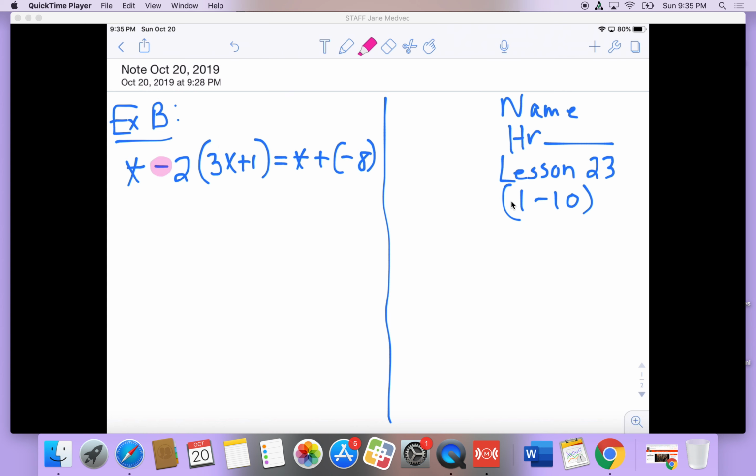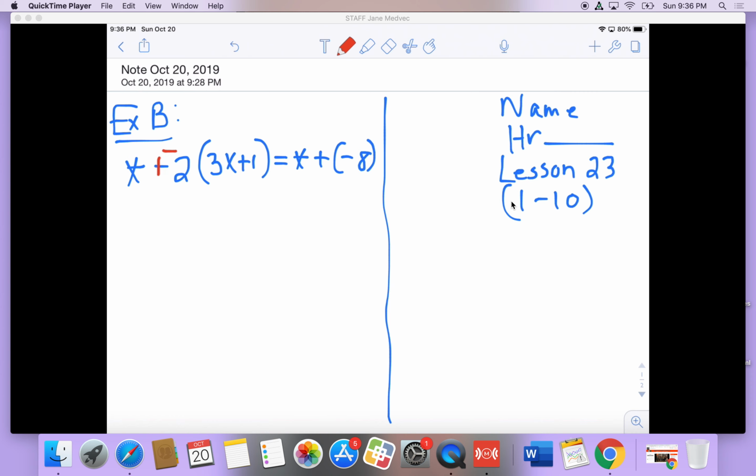So anytime you have a negative number in front of the parentheses like this, and you're going to do the distributive property, I want you to do something that we call the chop cheat, like Miss Clemenson said. I'm going to turn this into a positive and make that a negative, so it becomes a negative 2.